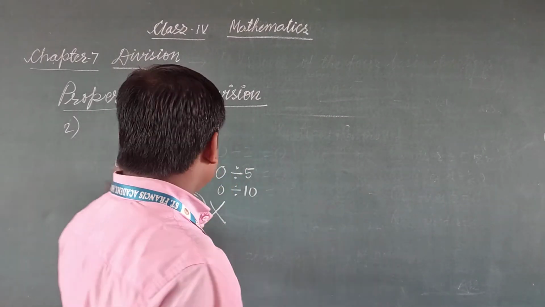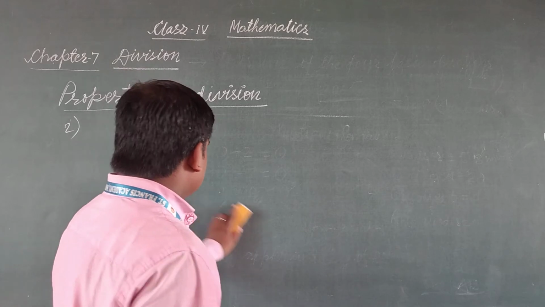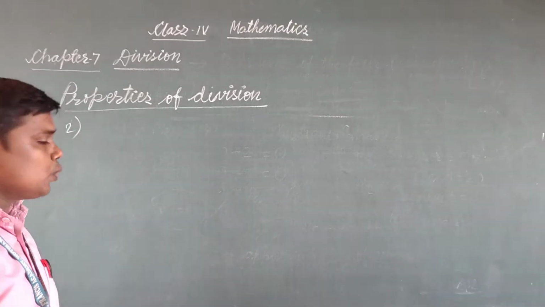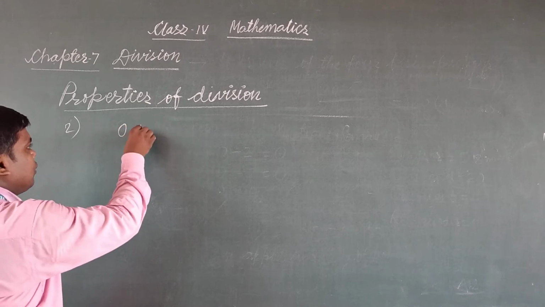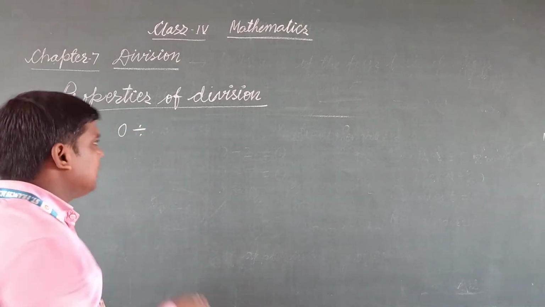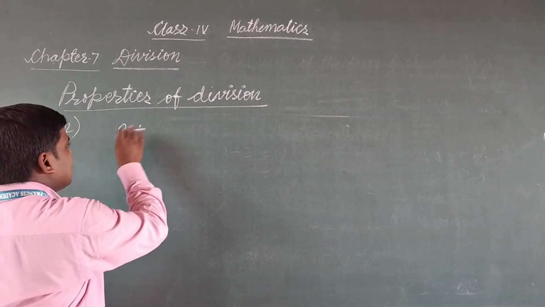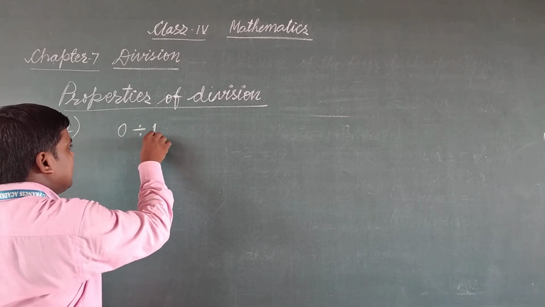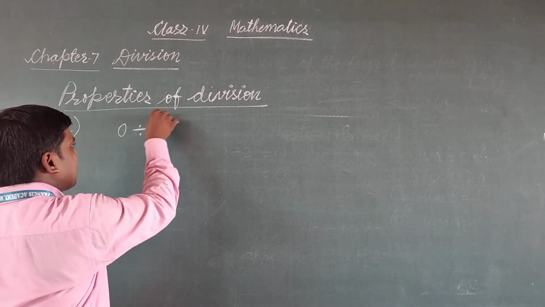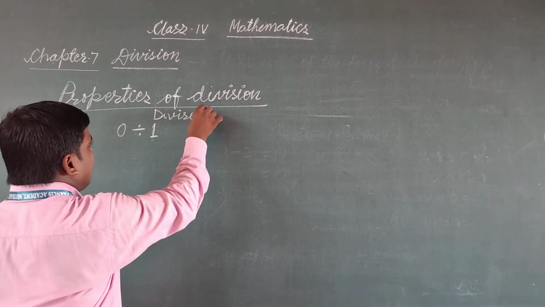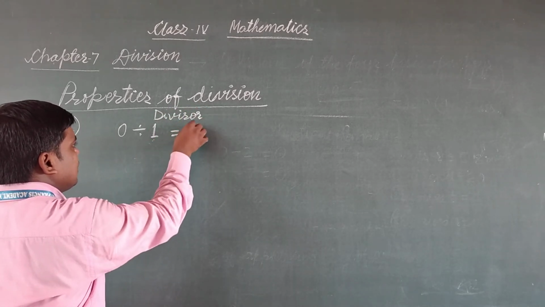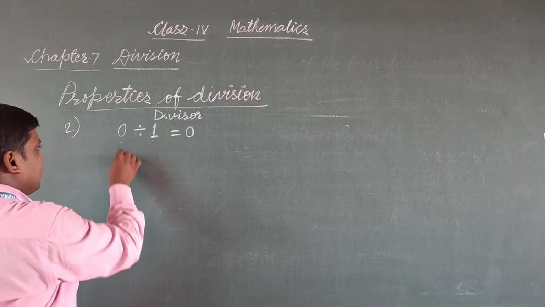We can also have 0 as the dividend, 0 divided by 1. Here it is the divisor, and the divisor is 1, then our result is the number itself.